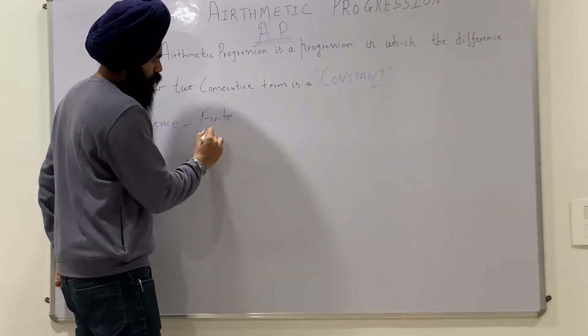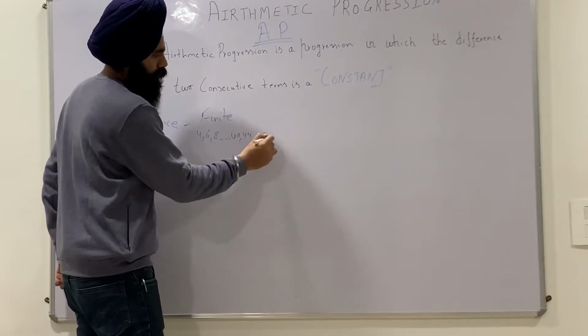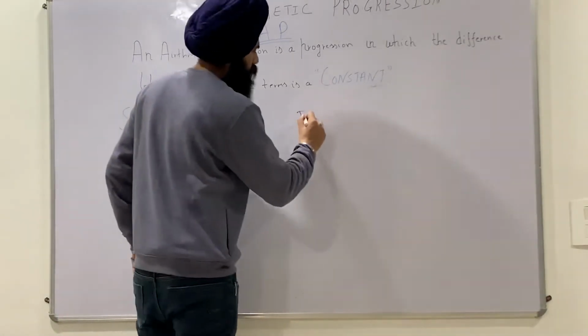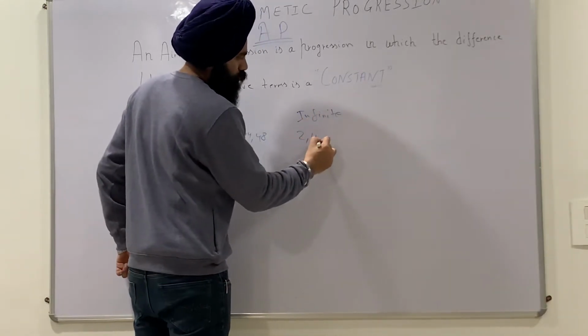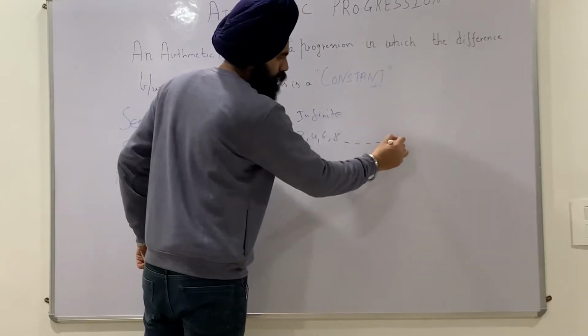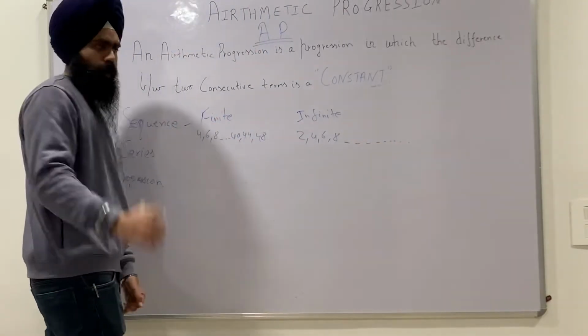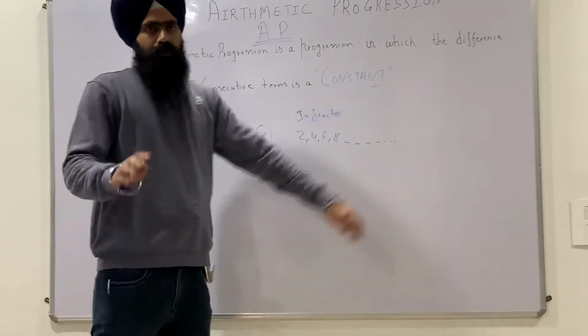For example, 4, 6, 8, up to 40, 44, 48. In this, you know the last term also. It is finite. And infinite means in the series 2, 4, 6, 8, and so on, you don't know the last term. In a finite sequence, the last term will always be given. In an infinite sequence, no last term will be given.